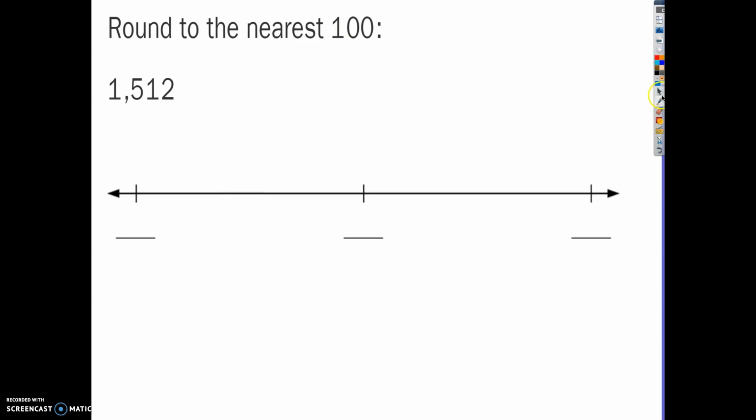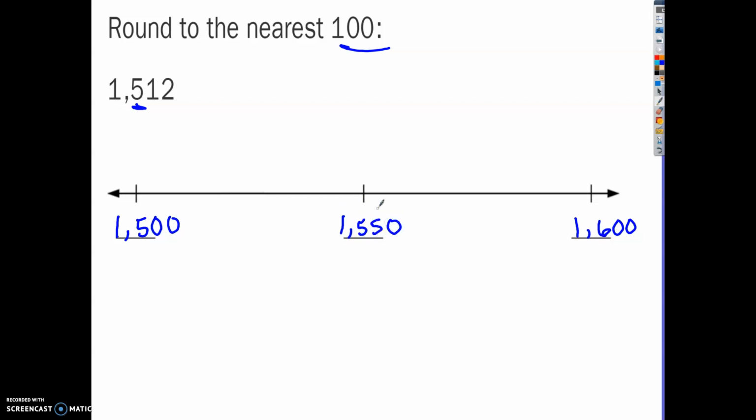All right, we're going to do a large number now, 1,512. Round it to the nearest 100. So we're going to focus on the hundreds place. So 1,512 is between 1,500 and 1,600. The number in the middle is going to be 1,550.